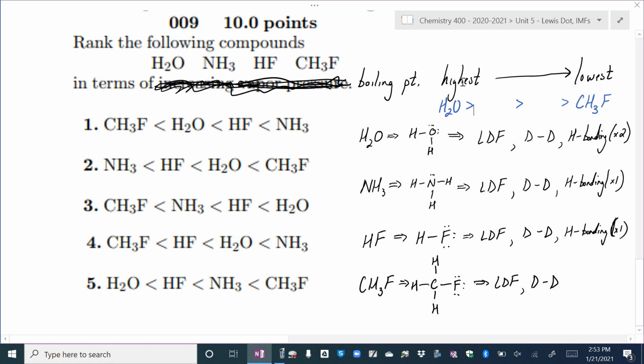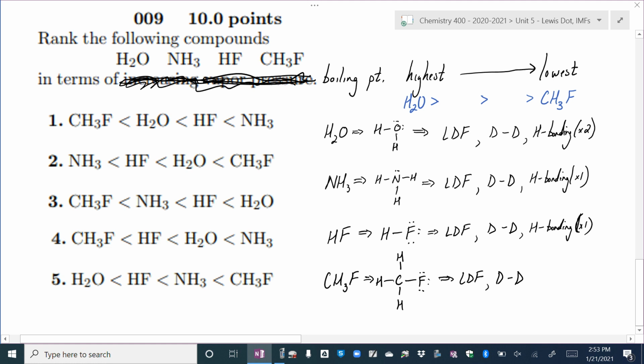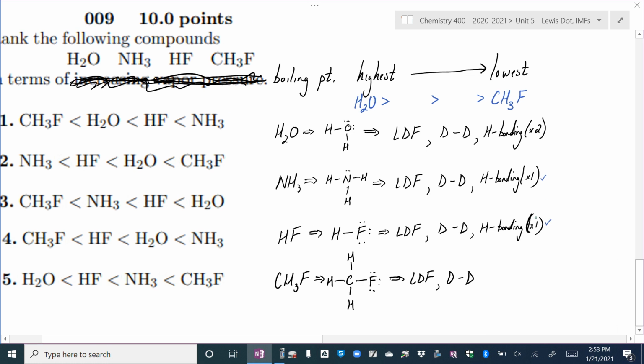Now the middle two guys, how can we differentiate these two? They both have hydrogen bonding, they both have dipole-dipole, and LDFs. So they seem pretty similar. Is there some difference here? Both of those have hydrogen bonding. They both can form one hydrogen bond. So we're not differentiating there.